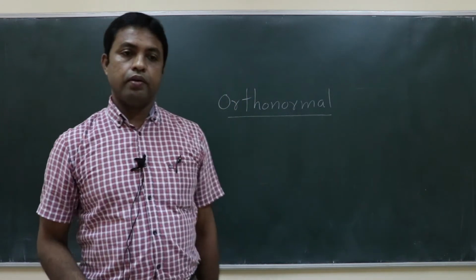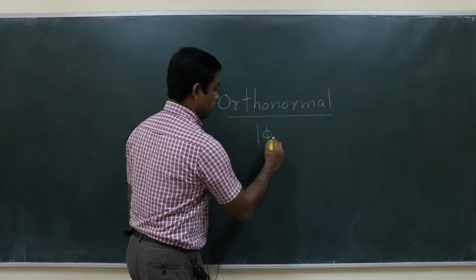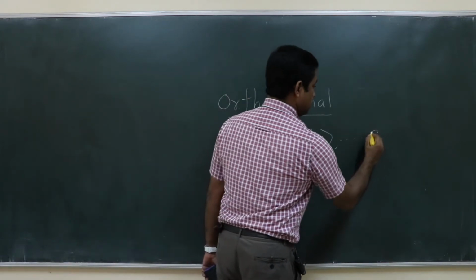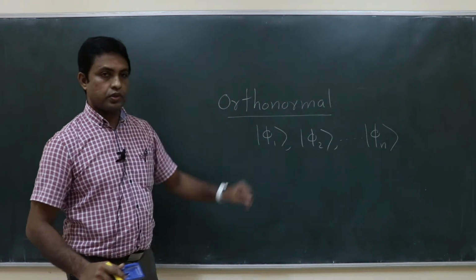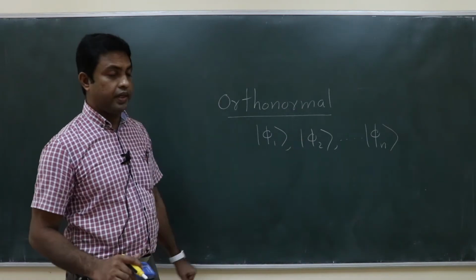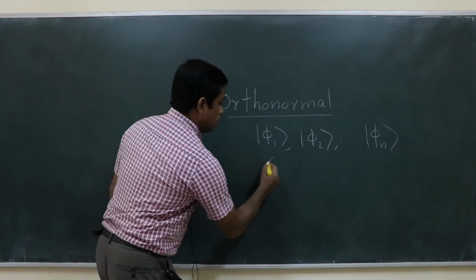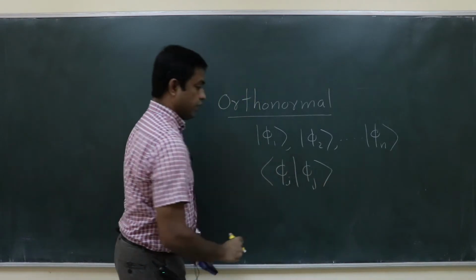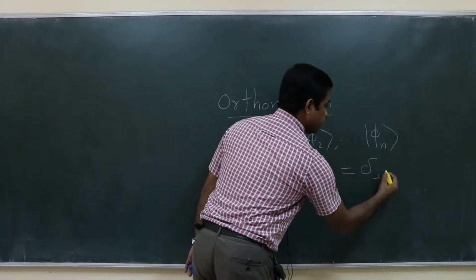What do you mean by an orthonormal basis set? Suppose you have the basis vectors phi 1, phi 2, up to phi n. Suppose these vectors are basis vectors; they are linearly independent and span that n-dimensional space. Suppose the inner product of phi i and phi j is equal to delta ij.